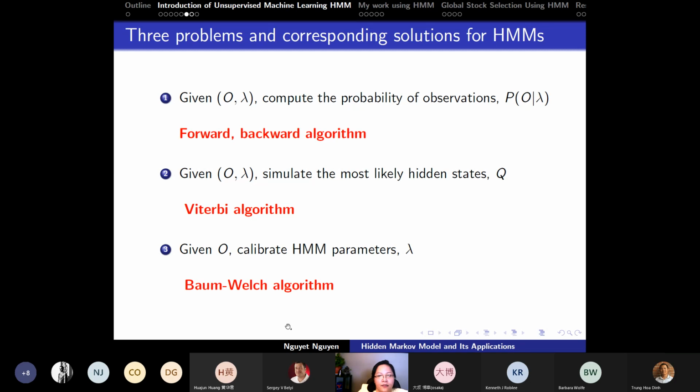And the last one is the hardest one. When we have only the observation data, using the hidden Markov model, you find the parameters for the model. That means you find the model. For this problem, we can use the Baum-Welch algorithm. We have many algorithms to change the parameters of the model based on the Lagrange theorem.